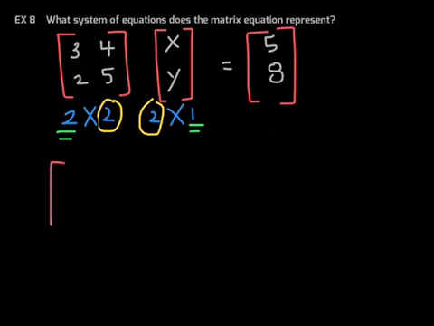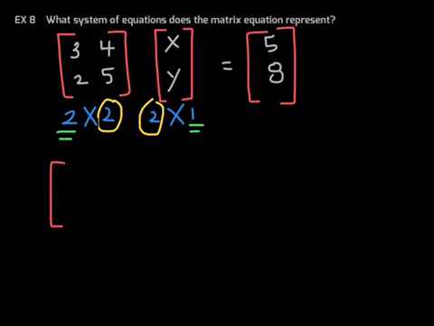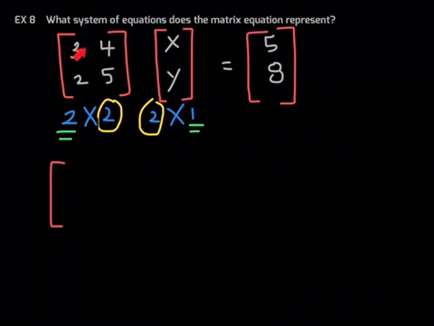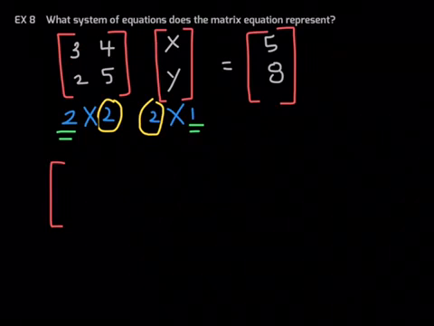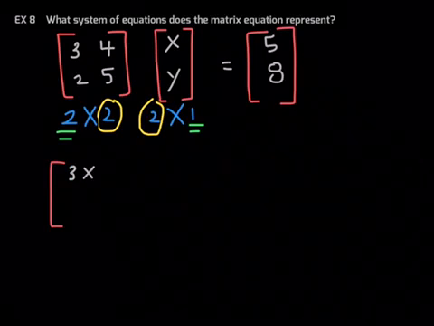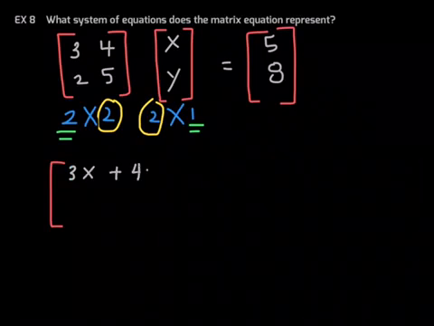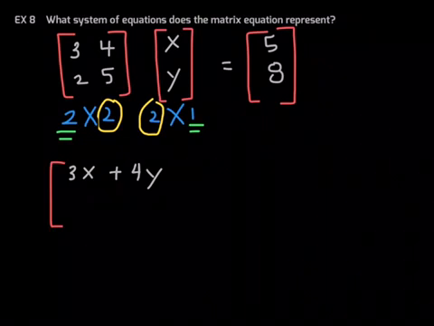You would take the first row and multiply it by the first column. So first row, first column, 3 times x plus 4 times y. There's your first row, first column entry.